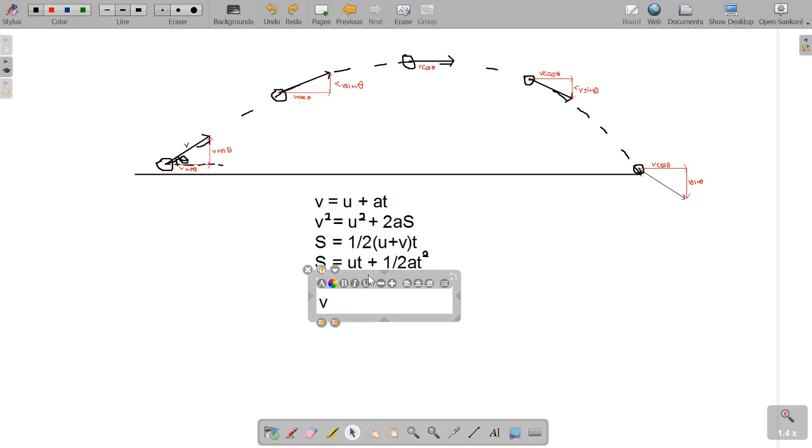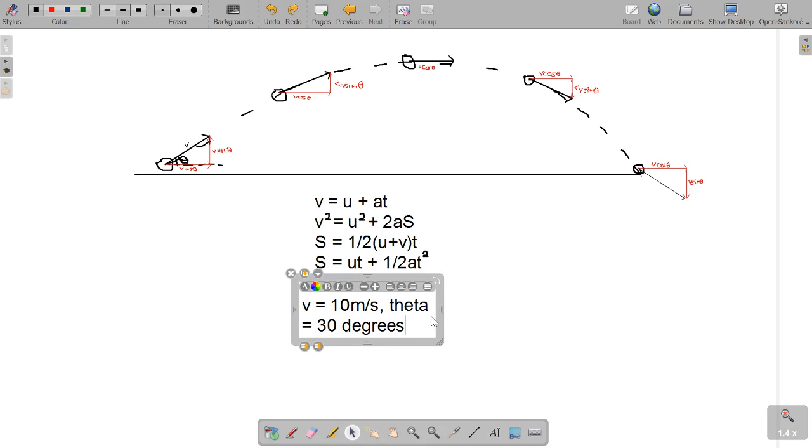So v equals 10 meters per second. Theta equals 30 degrees.